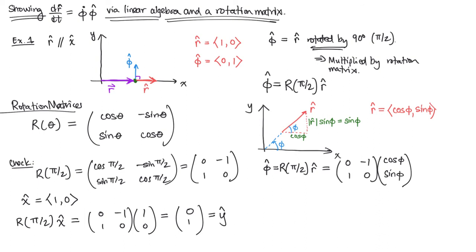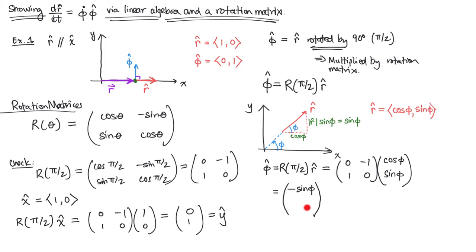Okay, so when I multiply this out, I'm going to get yet another vector. And it will be a 2-element vector, x and y. And my first element will be 0 times cosine plus -1 times sine. So that's negative sine.